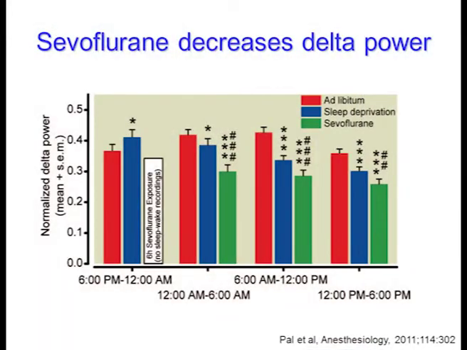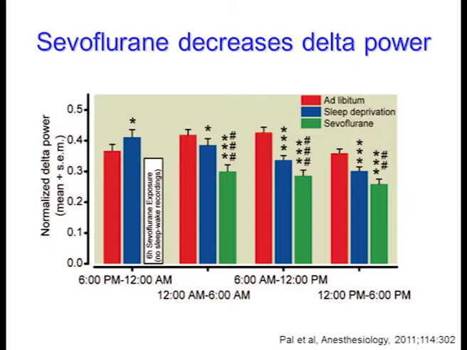And that's supported also by another marker of sleep restoration, which is delta power, delta being the slow waves, 0.5 to 4 hertz. You can see the animals that were sleep deprived have an increased delta power, which is what you'd expect. It's a more intense, slow wave sleep. And then there's this slight negative rebound.